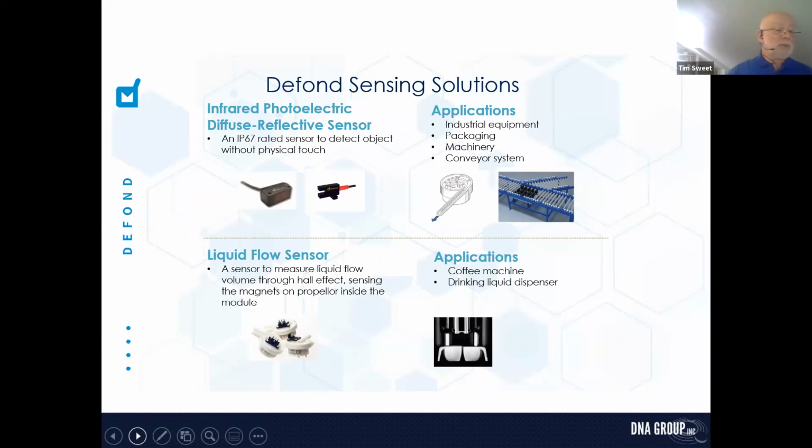The next 2 are really just variants of the proximity sensors designed for specific applications. One is using an infrared light source and detector to sense motion without physical touch, and the other uses a propeller with an embedded magnet to detect fluid flow with a Hall sensor built into the housing.